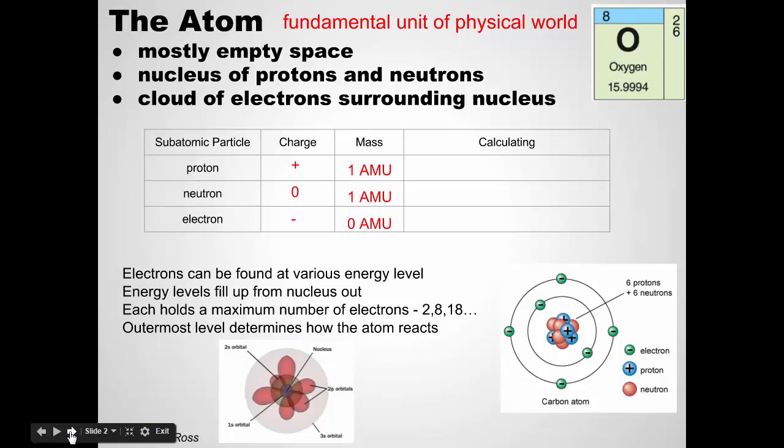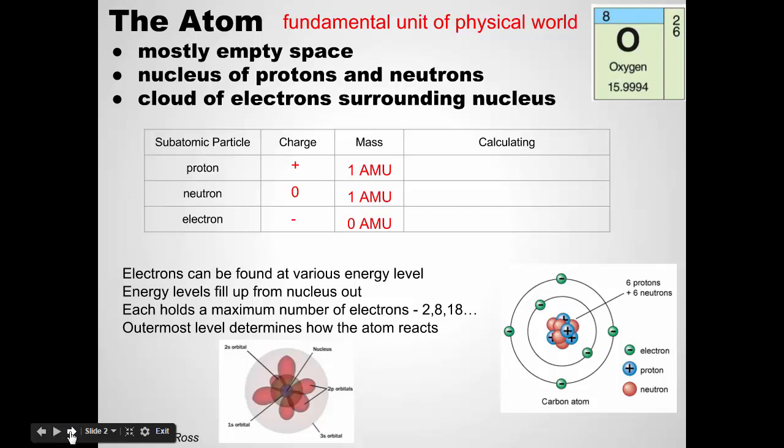The whole number is the atomic number. The decimal number is the atomic mass. Some periodic tables also have electron configurations. So this is oxygen, atomic number 8, atomic mass 15.9994, electron configuration of 2 and 6.